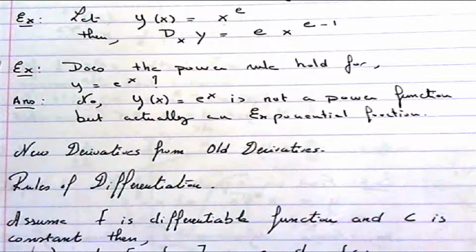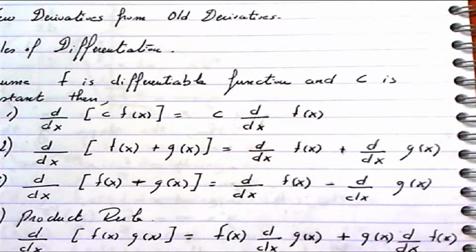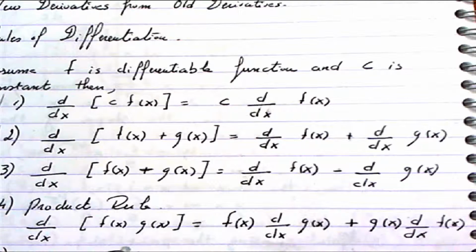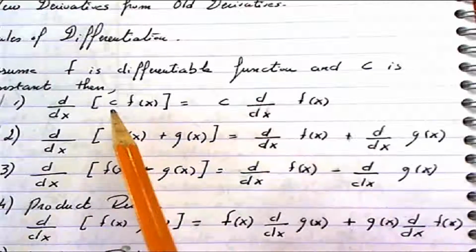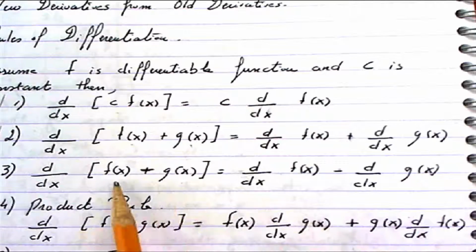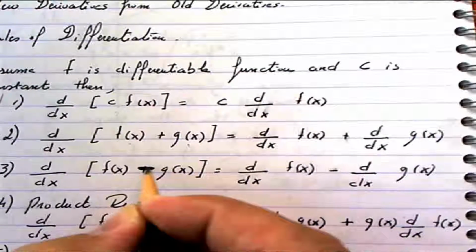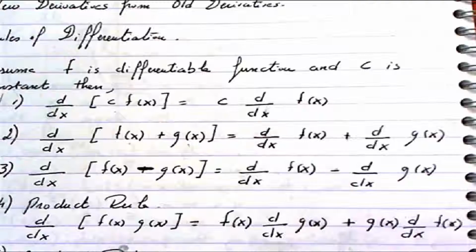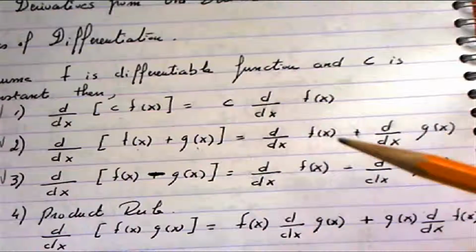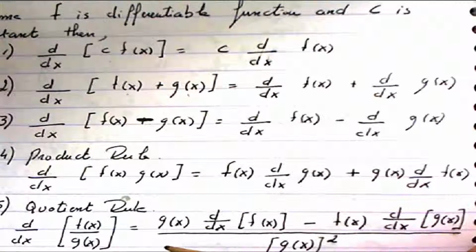So I'll show you a portion of it, but it's kind of ugly. There are a lot of rules when you have an exponent, when you add them together, when you subtract them. And I made a mistake here. It's not supposed to be a plus, it's supposed to be a minus. I think I changed it last year. Okay, much better. And when you have a product, like this, and when you divide.